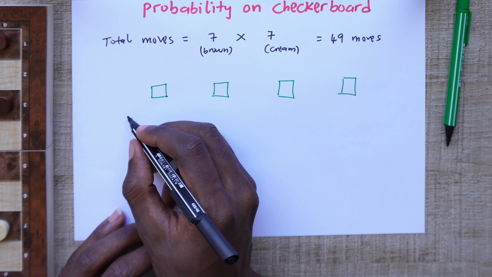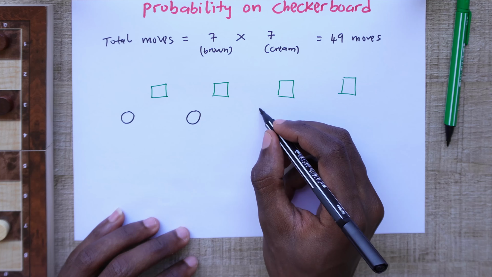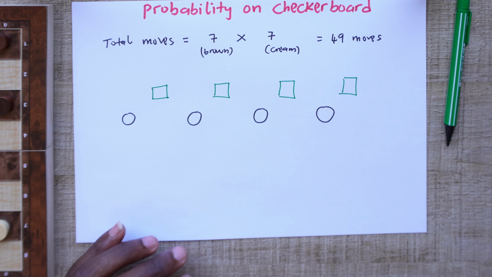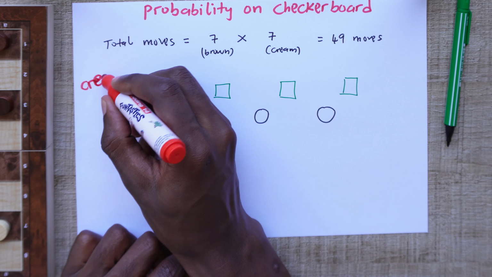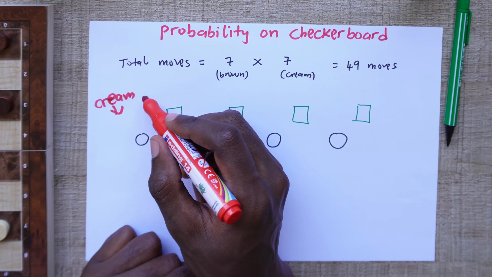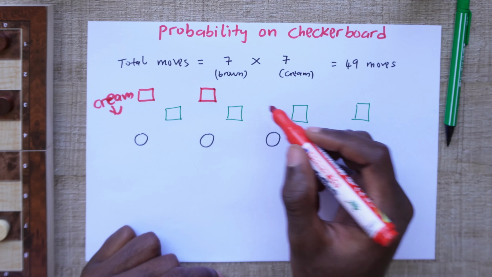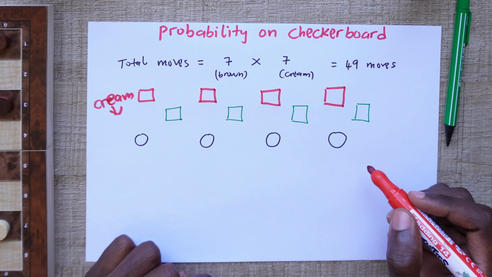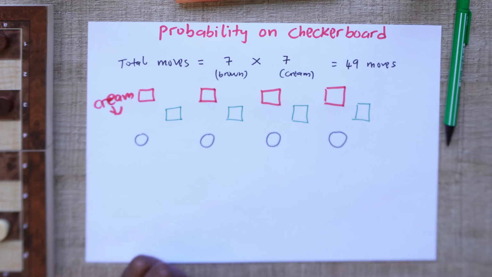So the pieces are like this: 1, 2, 3, 4. So here let's assume we have the cream pieces. Additionally, I'll just add the slots for the brown, this, this, this, and this. And obviously you also have the brown pieces, but I won't add them.